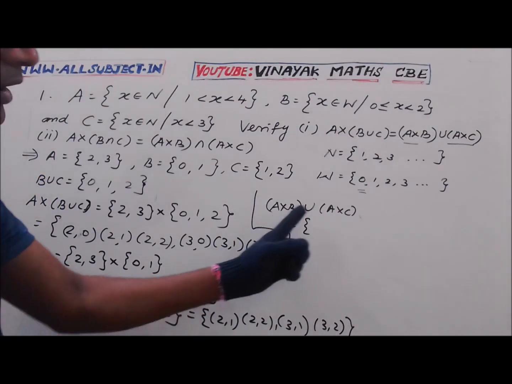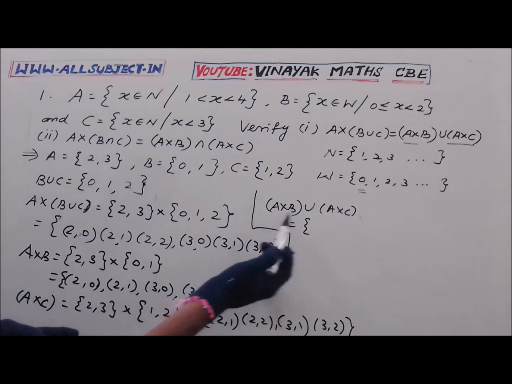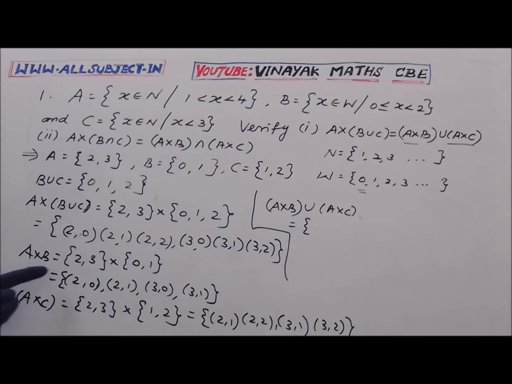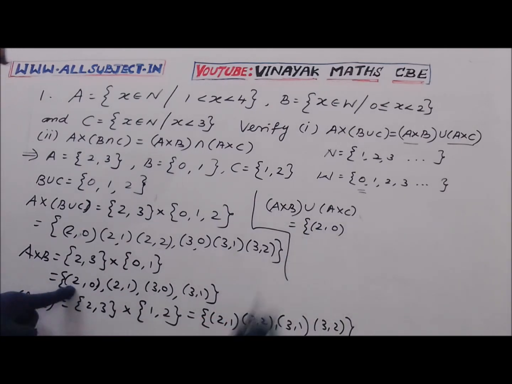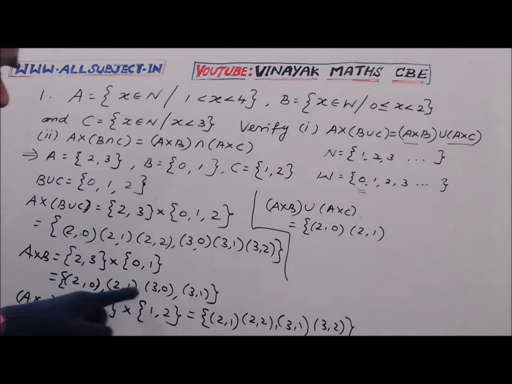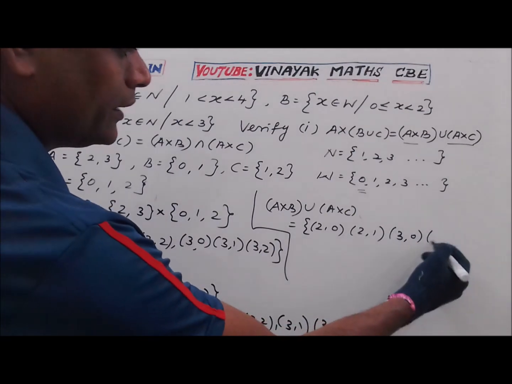So A cross B union A cross C is equal to the elements present in A cross B and present in A cross C should be listed here. In A cross B we have (2,0), (2,1), (3,0) and (3,1).